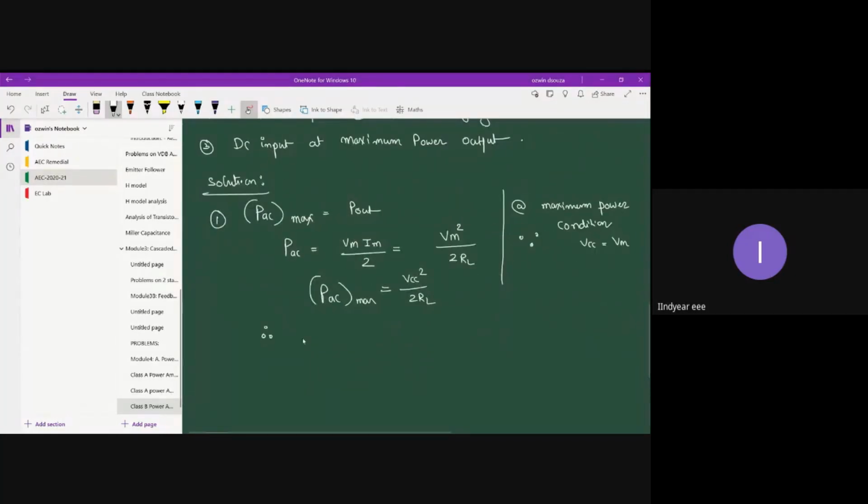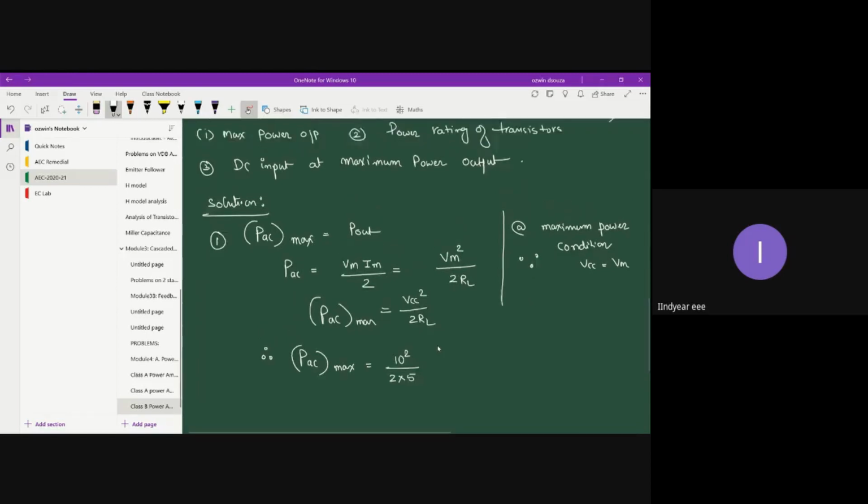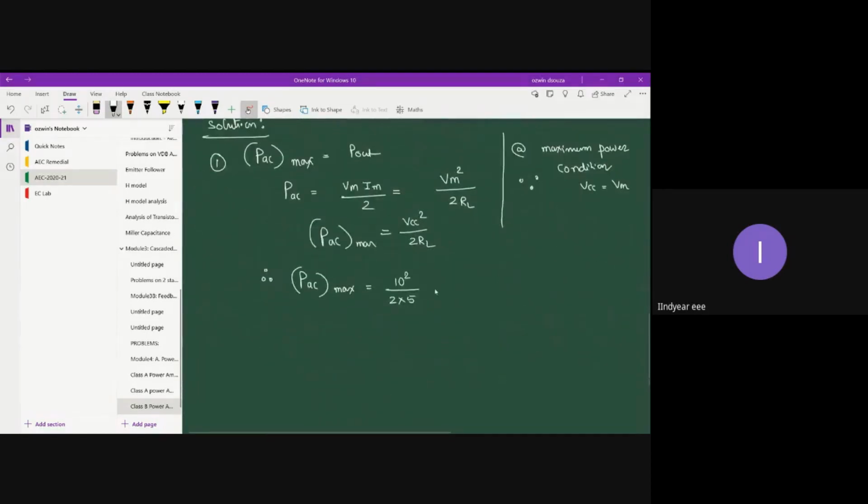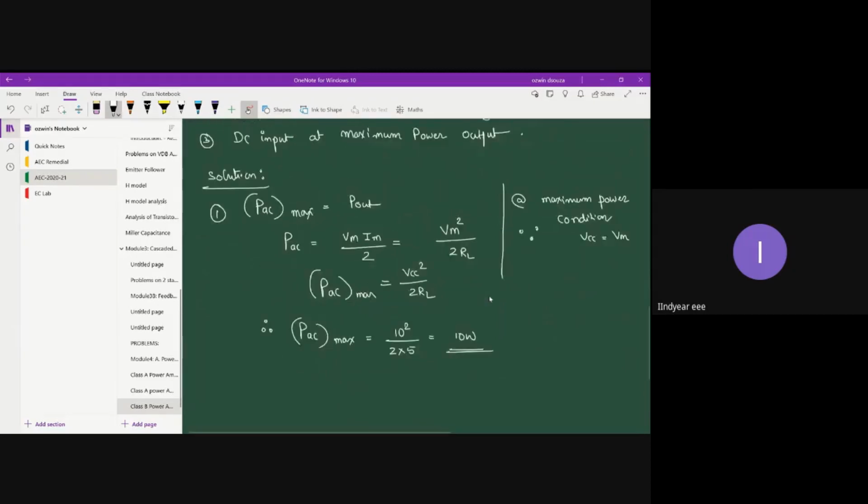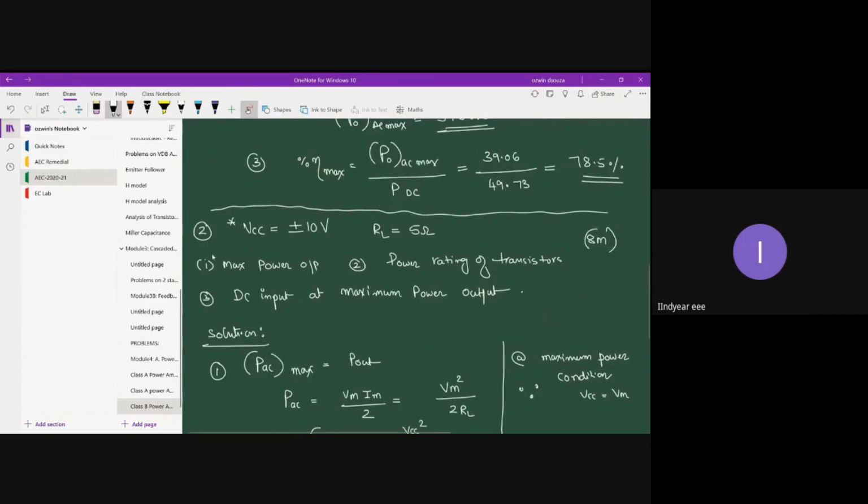Therefore PAC maximum is equal to VCC, which is 10 square, divided by 2 into RL. RL is 5 ohm, correct? Yes, RL is 5. So it is basically 10 watts. So the first part is calculated.